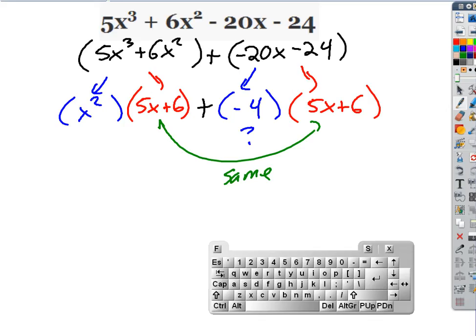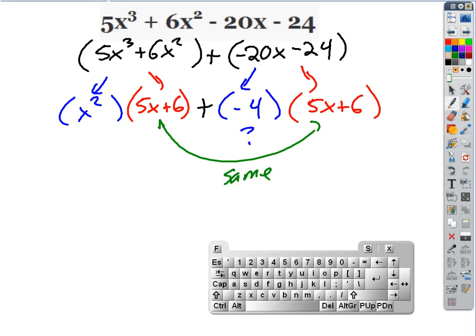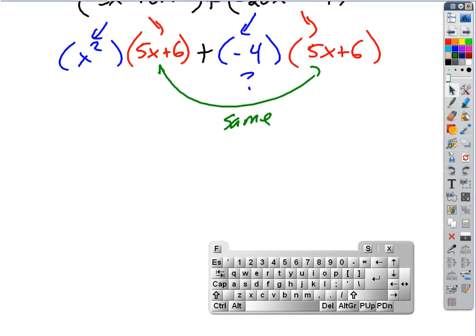So we're left with a 5x plus 6. When I take those away, I'm left with x squared minus 4, right? Okay, that's a good answer, but it's not perfect. That's not the whole answer yet, because when we're asked to factor something, we're asked to factor it completely.